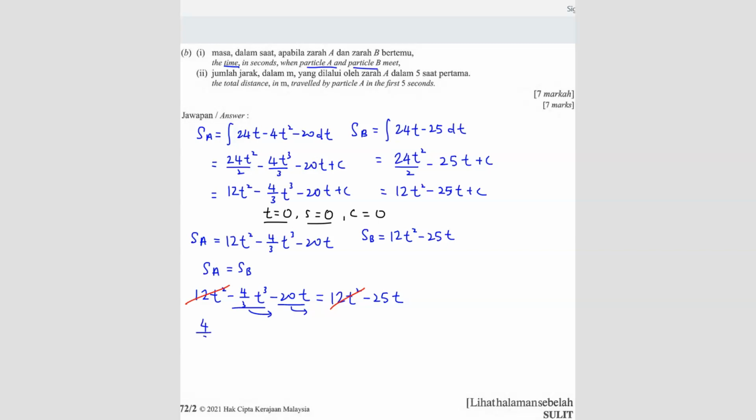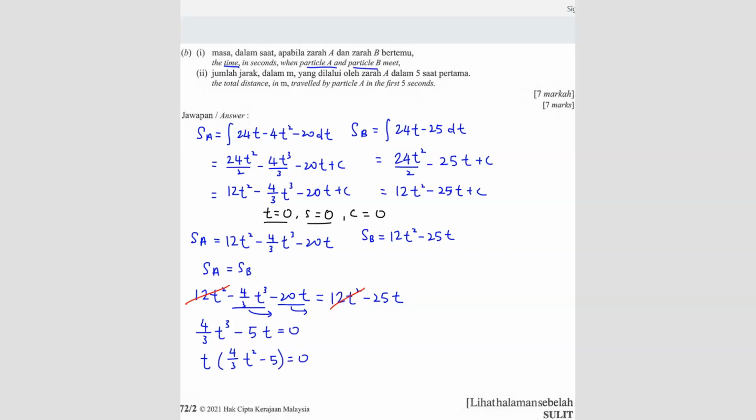So I should get 4 over 3 t cubed, and negative 25 plus 20, I will get negative 5t. Okay, so factorize this. I can factorize t, so I get t times (4 over 3 t square minus 5) equals 0.